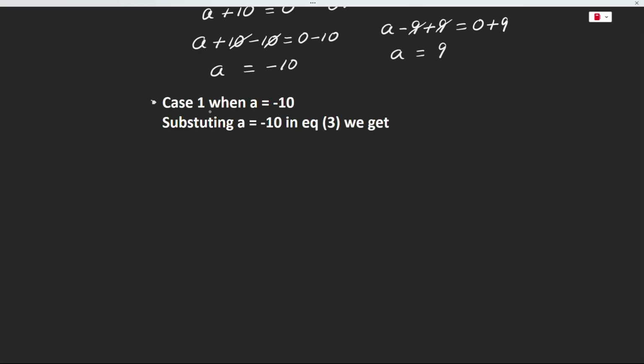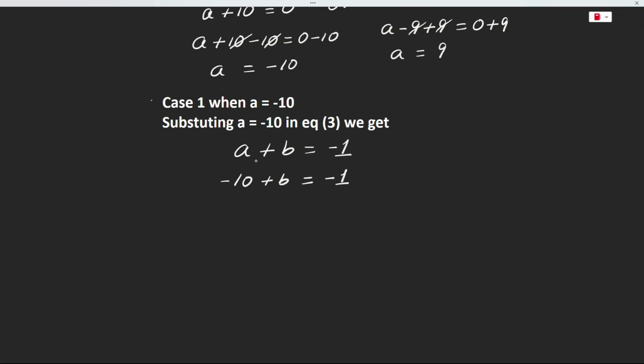Now we have two cases, a equals minus 10 and a equals 9. So case 1, when a equals minus 10, substituting a equals minus 10 in equation 3 we get: equation 3 is a plus b equals minus 1. We will put the value of a here, that is minus 10. We can write this as minus 10 plus b equals minus 1.